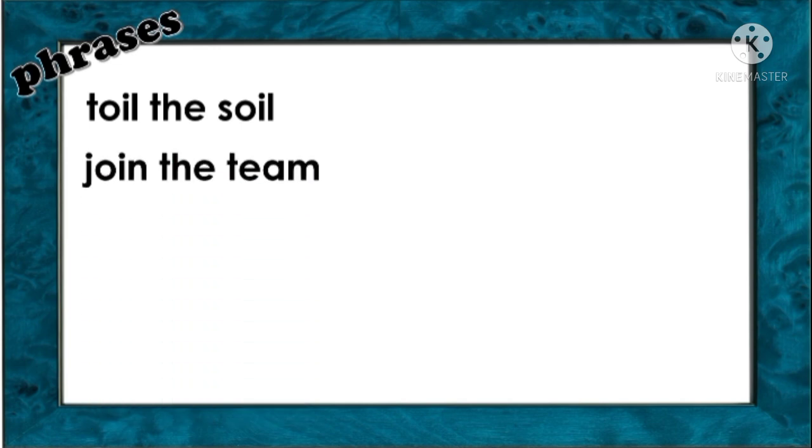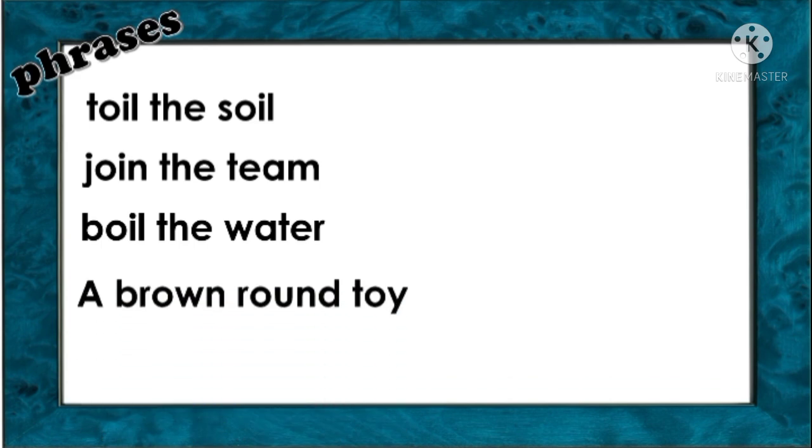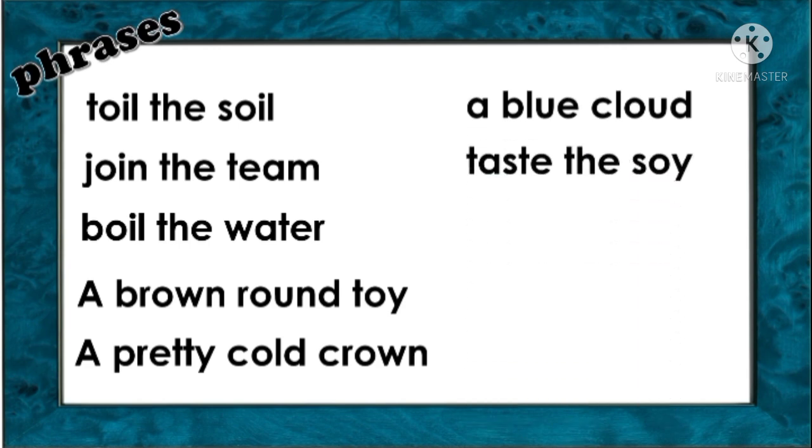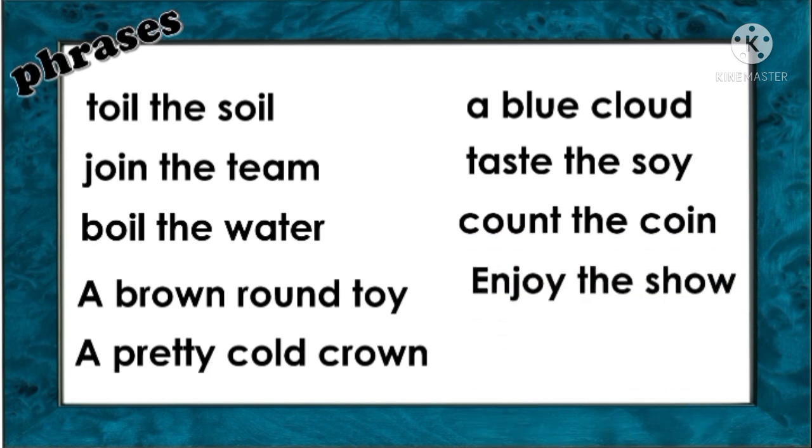Here are some sample phrases. Toil the soil, join the team, boil the water, a brown round toy, a pretty gold crown, a blue cloud, taste the soy, count the coin, enjoy the show, boy and his toy.